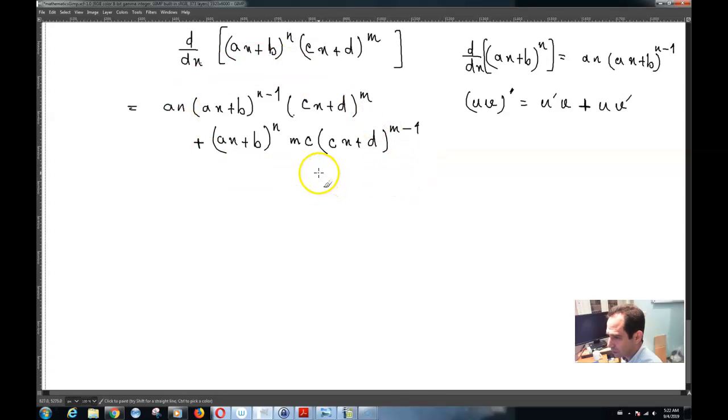So that's the derivative of your function here. Of course you can rearrange this, but eventually that's the derivative of your function.